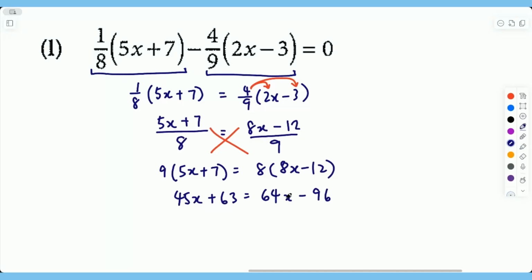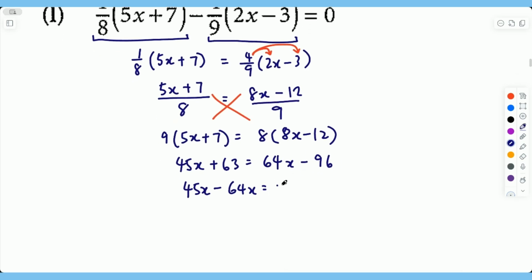Let's bring all the terms with x to one side. We will keep 45x on the left side. 64x bring over will be negative 64x. We keep negative 96 and bring over positive 63. That will become negative 63. This gives us negative 19x.